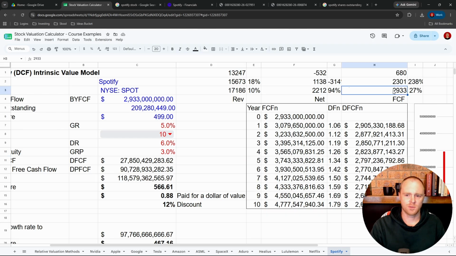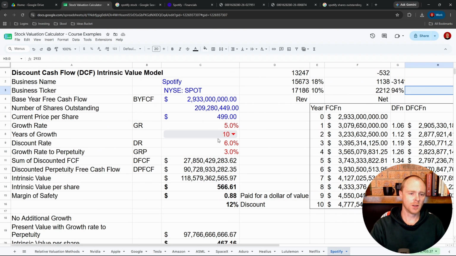And so the fact that revenue might go up 10%, we see a 94% increase in the amount that gets to the bottom line. What is that going to mean for our free cash flow going forward? So a growth rate of 5% on that free cash flow over the next 10 years, at a 12% discount.